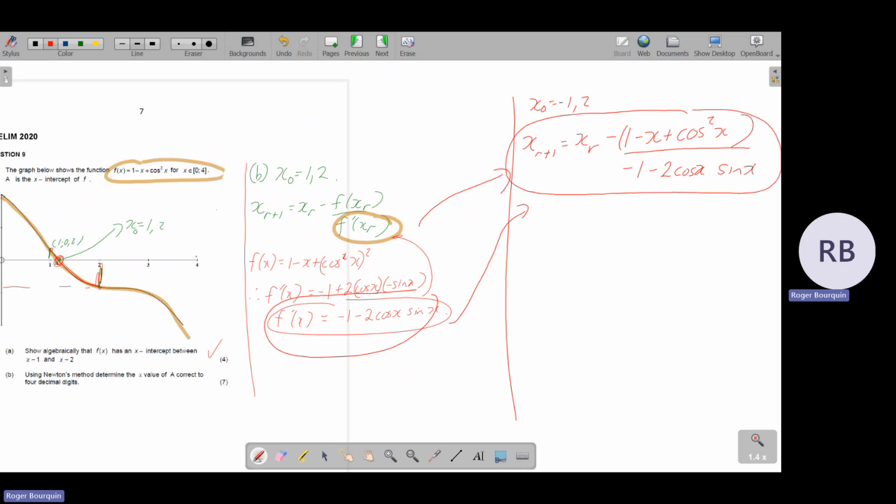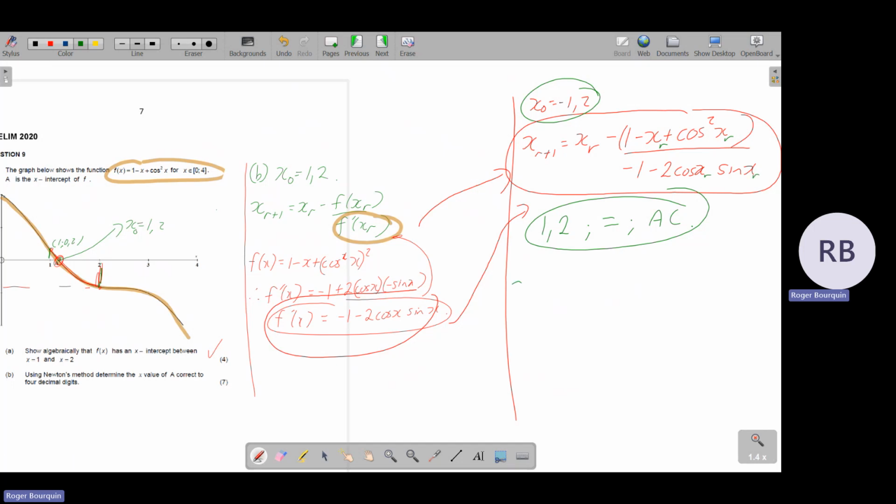So what are you going to do in your calculator? Remember, x naught is 1.2. So in your calculator you put that into your memory by going 1.2 equals, all clear. Now 1.2 is in your memory. Wherever you see x_r, you're going to press your answer button.